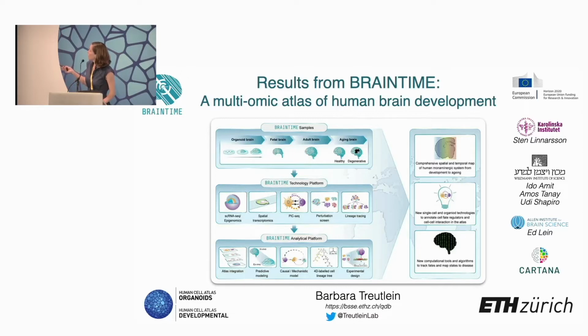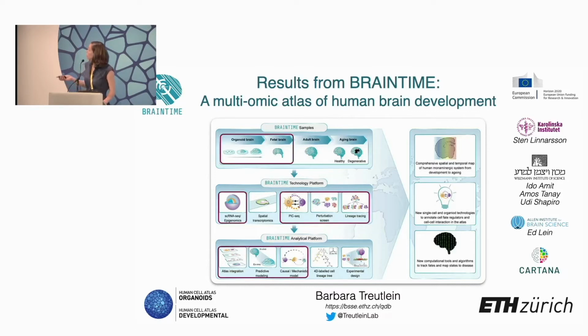And then, of course, we have a various set of technology platforms that we have been using and also further developing, as well as analytical platforms, ranging from multi-omics, spatial omics, cell-cell interaction sequencing, perturbations, and lineage tracing.